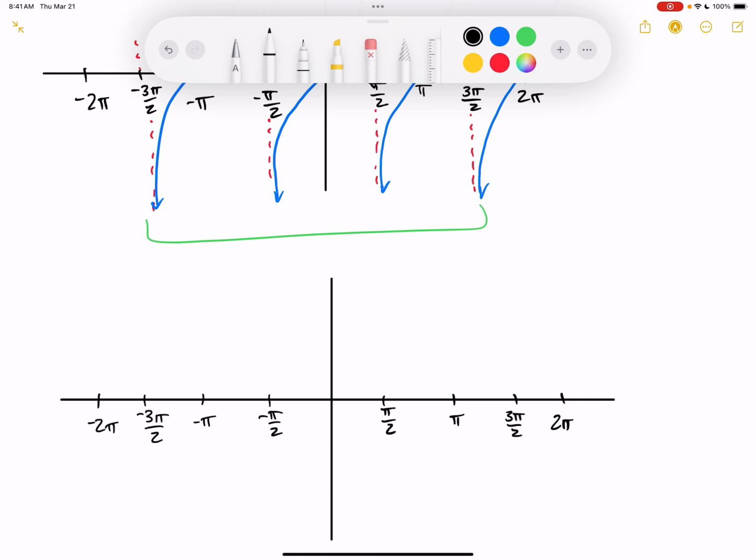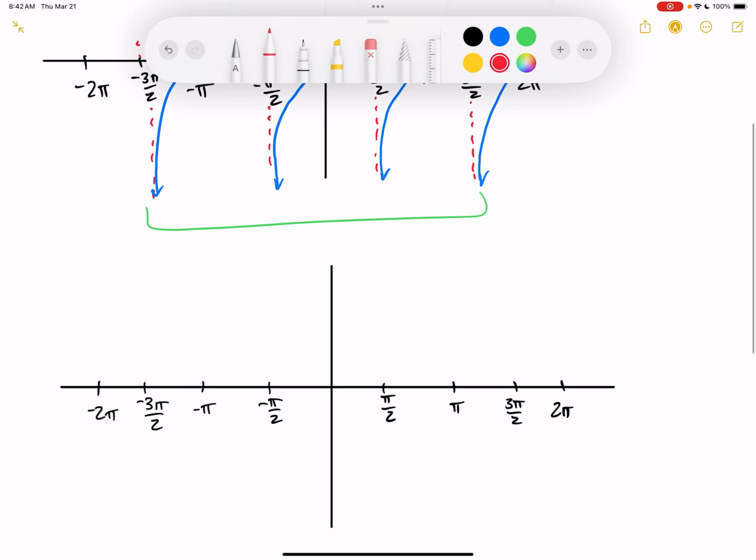Now, where is cotangent undefined? Pi and 2 pi. Okay, so where tangent is 0, cotangent would be undefined. Okay, so that means at every increment of pi and 0, we have a vertical asymptote.